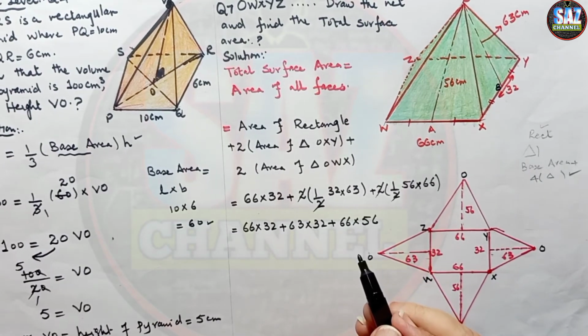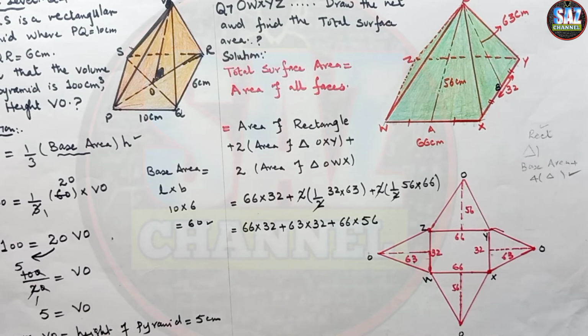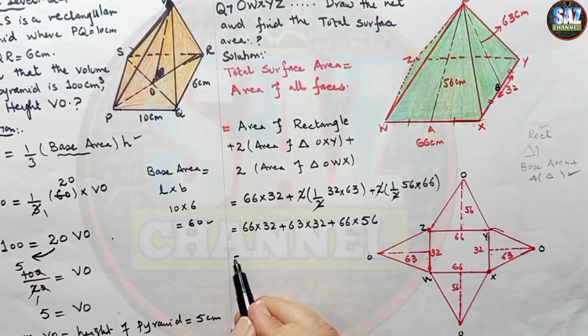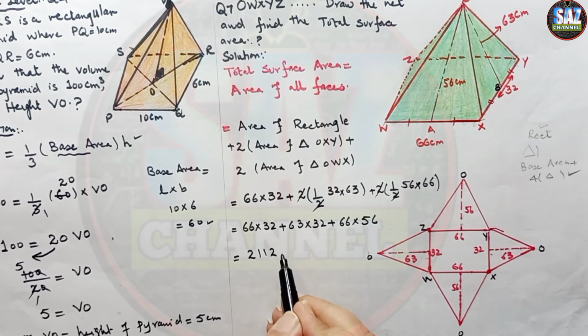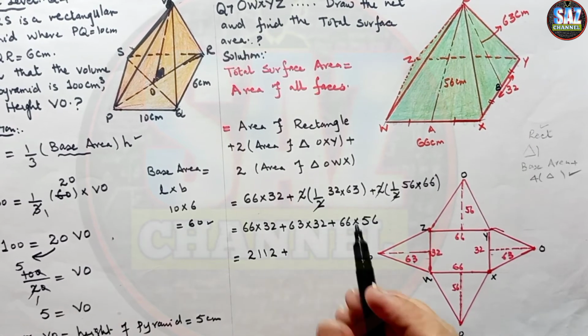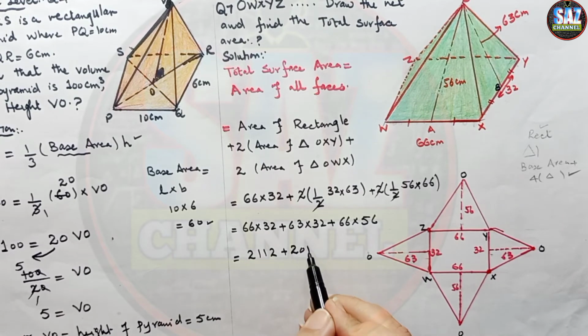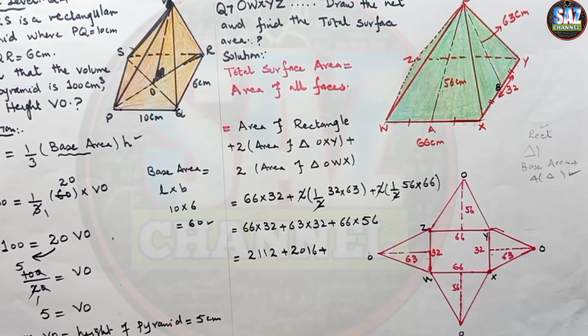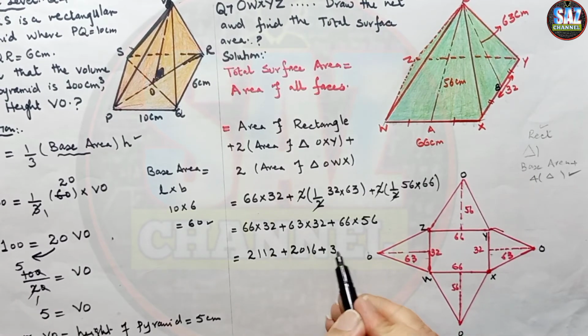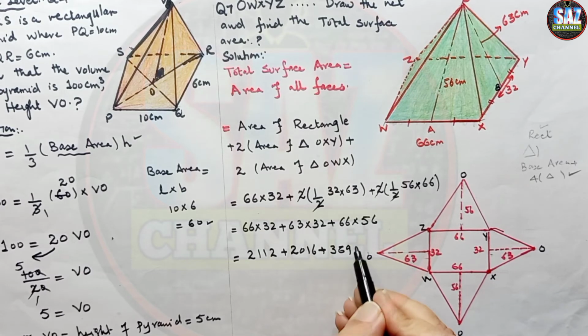Now hold your calculator. 66 multiplied by 32 gives me 2112, plus 63 multiplied by 32 gives 2016, plus 66 multiplied by 56 gives me 3696.